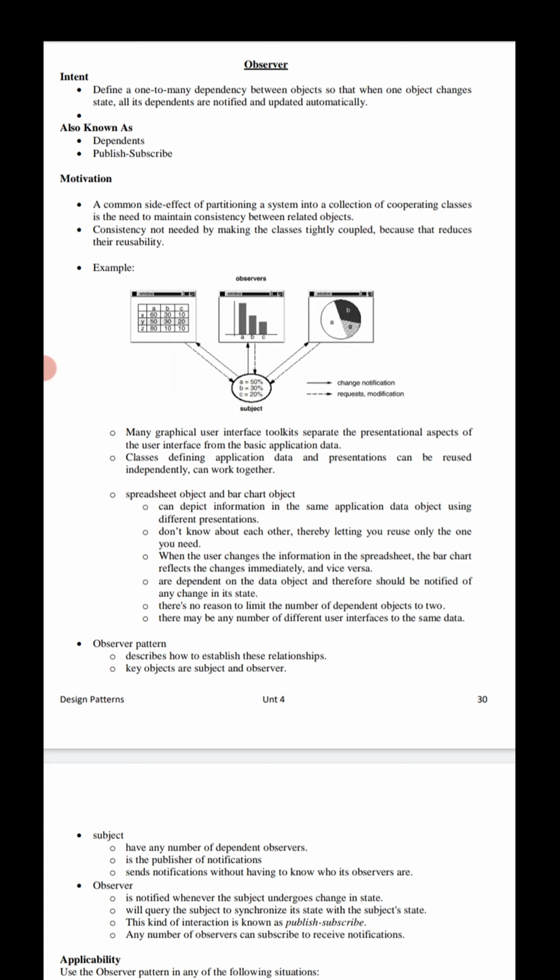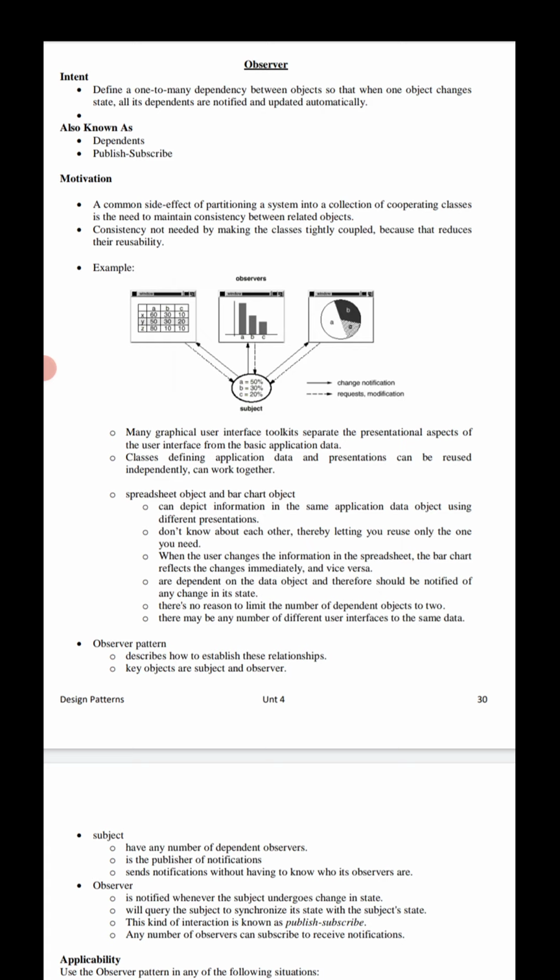At that time David, Peter and John purchase the LED TV at Flipkart. Here they are just observing, and they are notified and updated automatically when one object changes its status, to all its dependents.